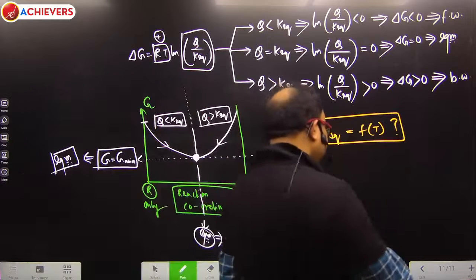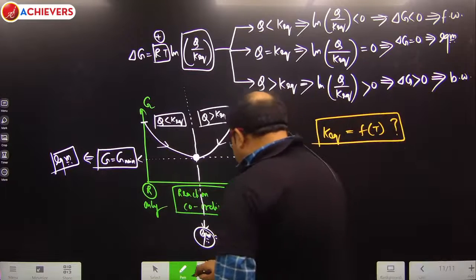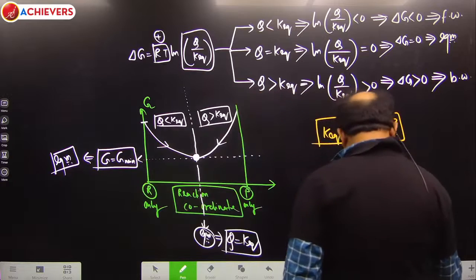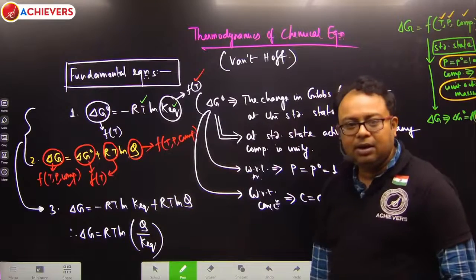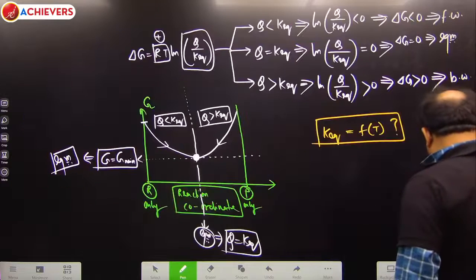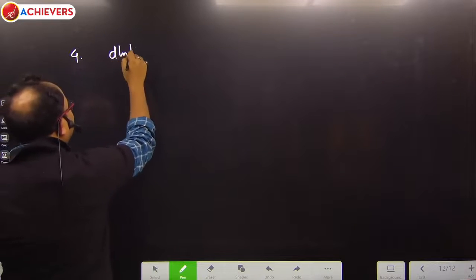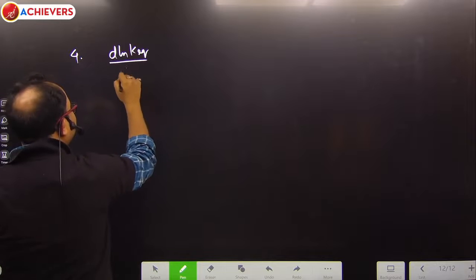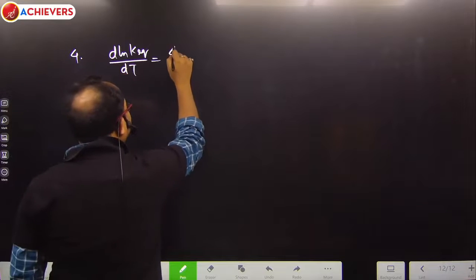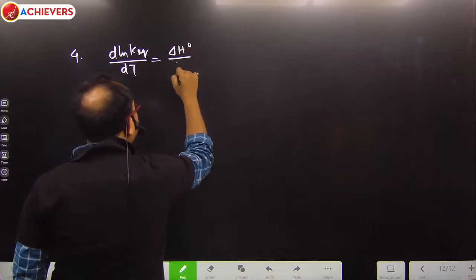For that, we need to develop the fourth equation. We have already done 3 equations. Now we need to develop the fourth equation. The fourth equation is d ln K equilibrium by dT equal to delta H naught by RT square.